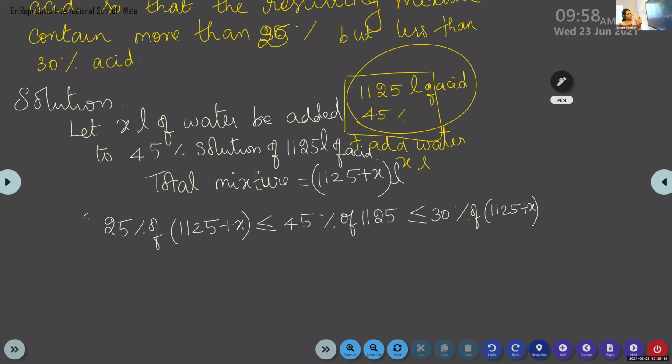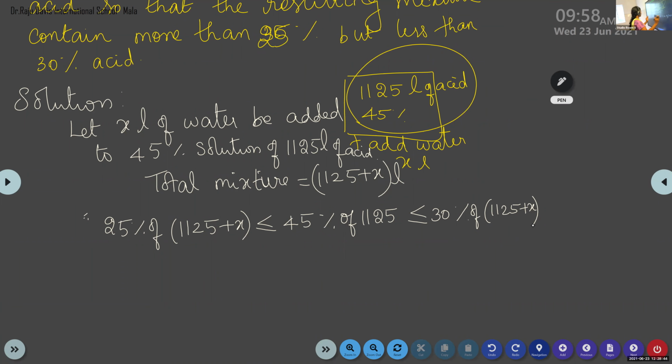Is it clear? So, what is the condition we are writing here? 25% of 1125 plus X, less than or equal to 45% of 1125, which is less than or equal to 30% of 1125 plus X. Is it okay, Tomlin? Yes, ma'am. We are comparing.